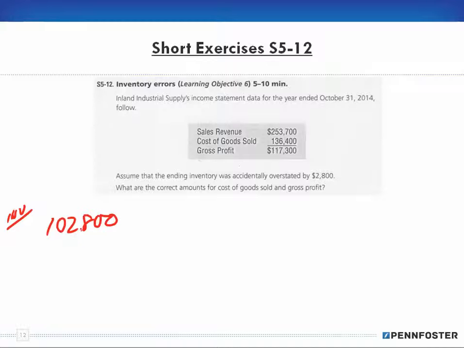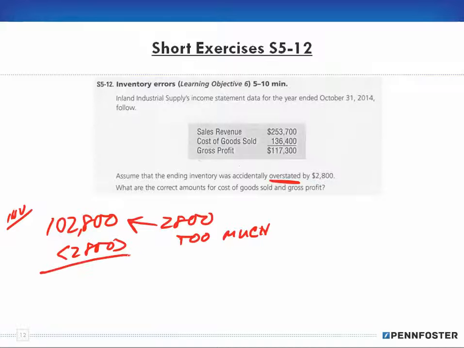Now, it says it was overstated, meaning that there's $2,800 too much in the inventory account, right? Well, if I have $2,800 too much in the inventory account, that means I have to take the $2,800 out, right? Which would give me an inventory of 100,000.